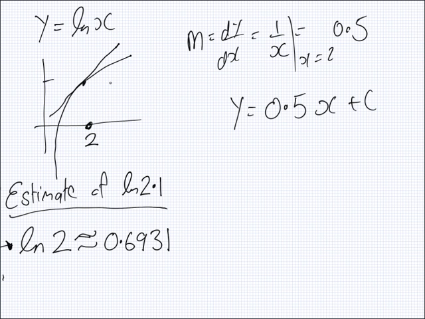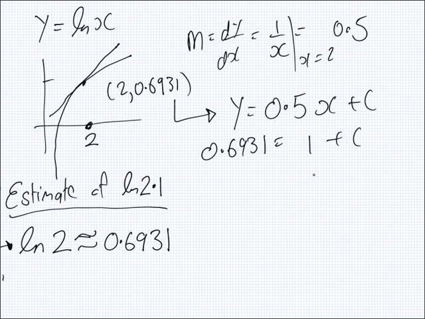Now the point here is 2, 0.6931. So you have to sub that in to get the c. So that's 0.6931 equals 0.5 times 2, which is 1, plus c. So the c would be 0.6931 minus 1. It's minus the other way around.